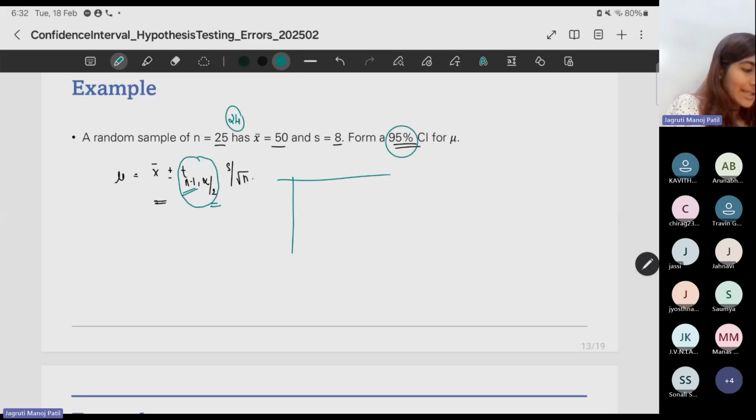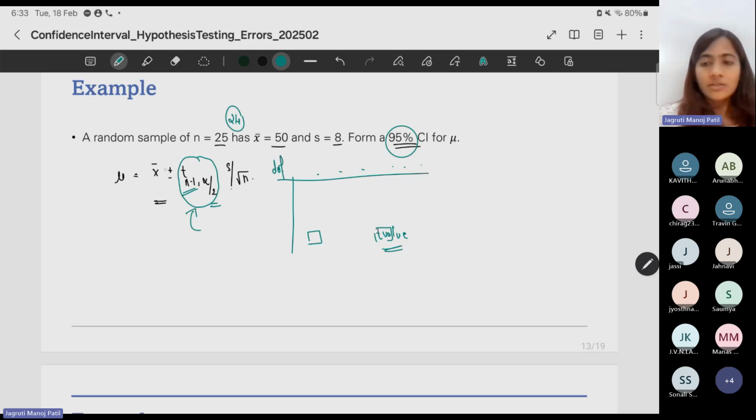In the table, here you have the degrees of freedom, and here you have the values for the particular probability you need to look at, and that gives you a specific t value. You input that t value here. You have the standard deviation, the square root of n, and the sample mean. That is how you input all of them, and you get the confidence interval for your true mean.